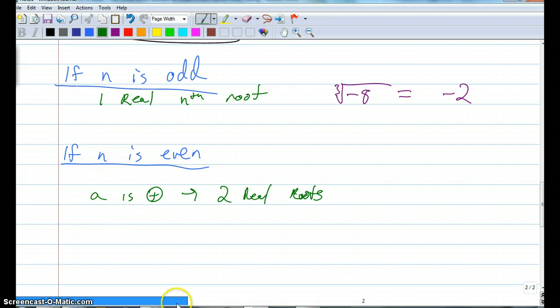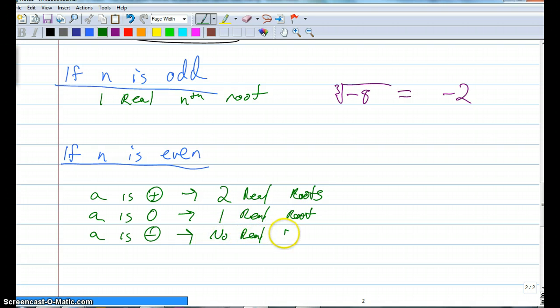Excuse me. If a is 0, then there's 1 real root. And if a is negative, what do you think that means? No real roots.